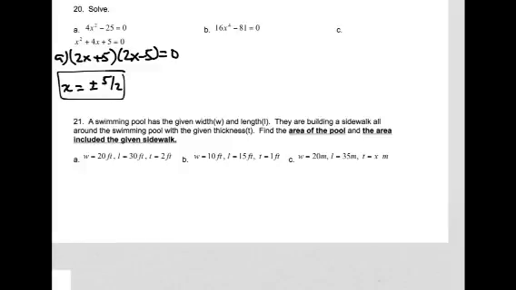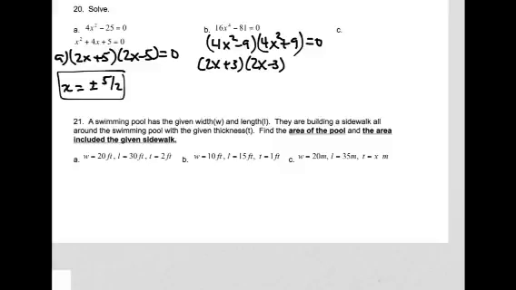For B, that's also a difference of two squares, but it's going to be 4x squared minus 9 and 4x squared plus 9 equals 0. The first one factors, difference of two squares, 2x plus 3, 2x minus 3.